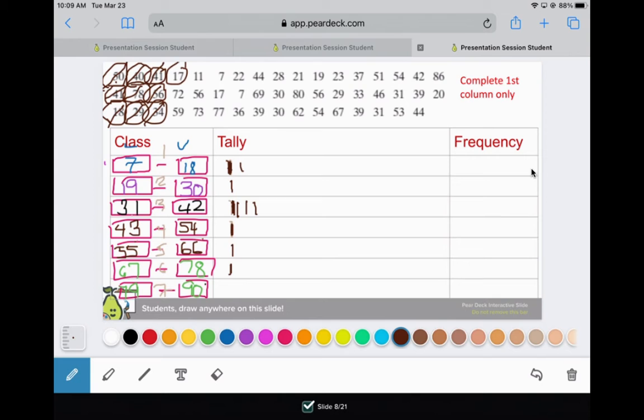17, class 1, 72, class 6, 59, class number 5, 11, class 1, 56, class 5. On the summative, I'm not going to give you this many numbers.